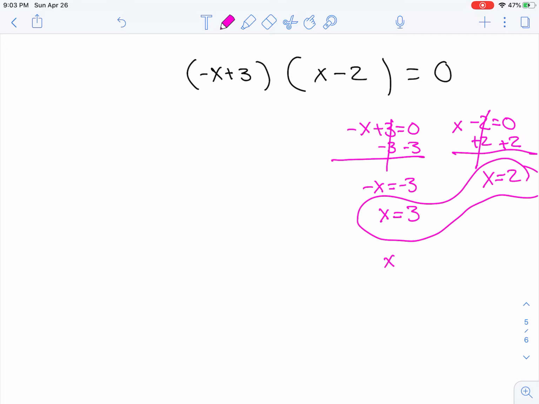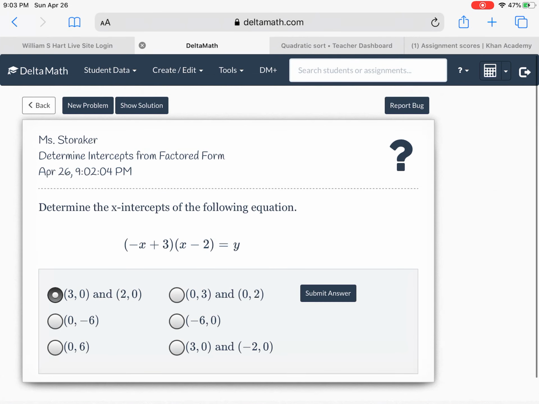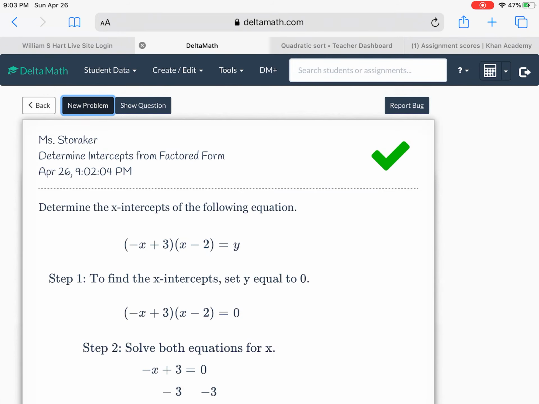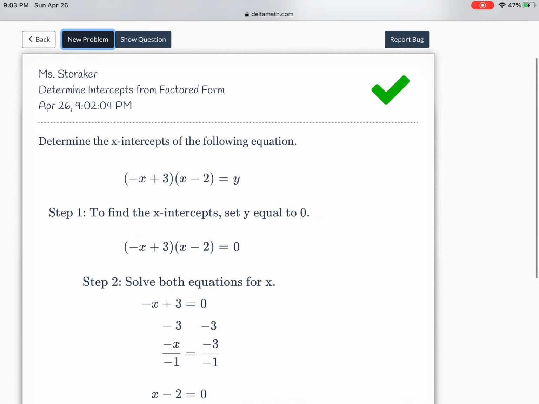These are my x-intercepts, but I need to put them in point form. Since there's 2 x's, there are 2 points, 3 and 0, and 2 and 0. So that's the one I had my answer on. And done.